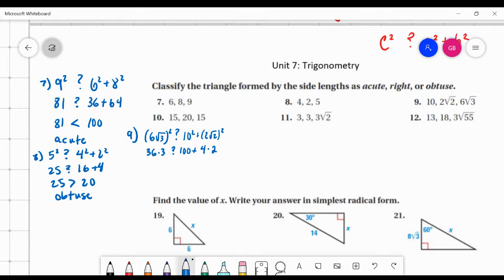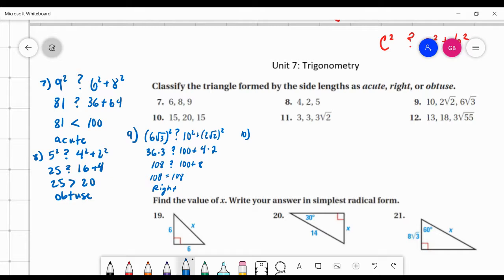Okay, so this one has more steps. 36 times 3 is 108. And then 100 plus 4 times 2, which is 8. So 108 is equal to 108. So this one is a right triangle. Okay, so if it's equal, it's a right triangle.